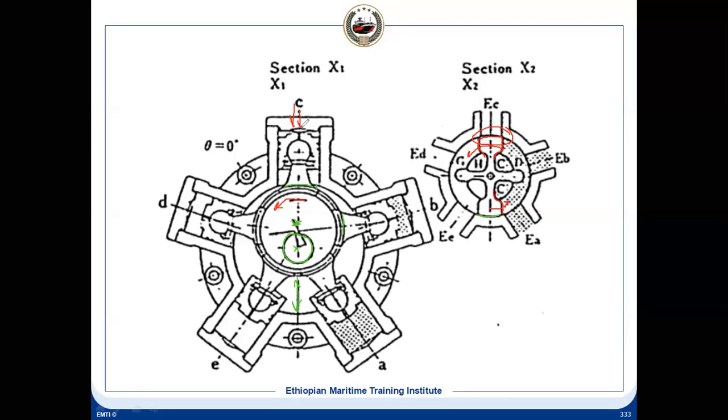So the hydraulic pressure is acting, pushing the piston in the downward direction. What will happen? Actually, the piston is driving the crankshaft, and the crankshaft is driving the output, that is the windlass. The windlass is driven by the crankshaft.